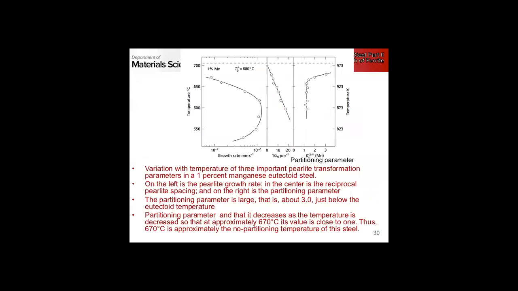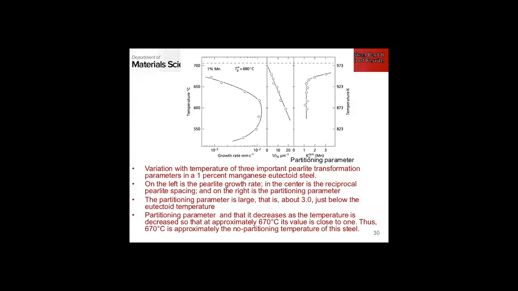The diffusivity of each is strongly dependent on temperature. So as you cool, you reach a temperature where no more partitioning occurs. This shows that manganese partitions strongly above 950, and by the time you're down to 923, there's no more partitioning of that.